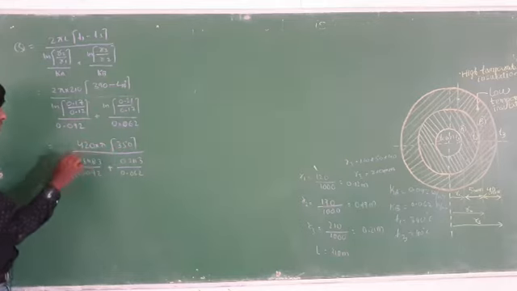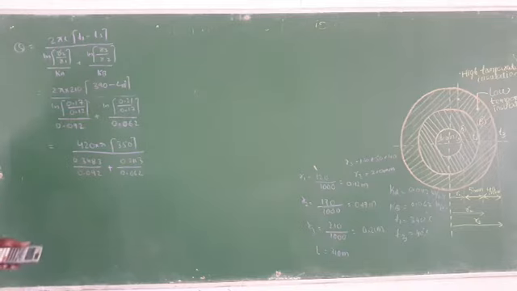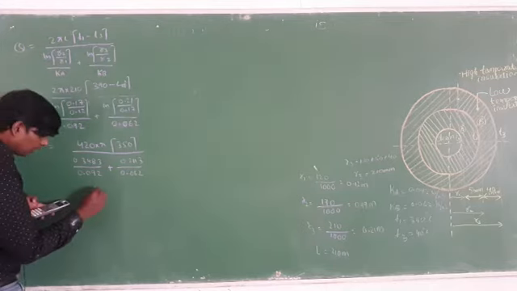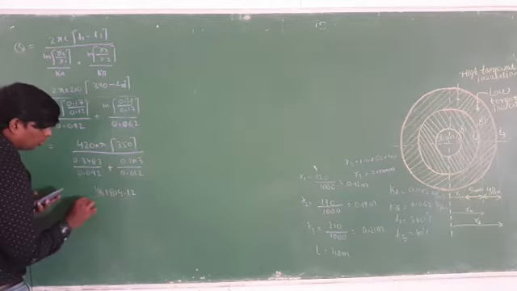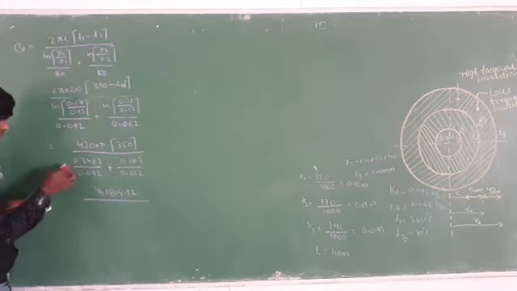What is the first bit? 420 into pi into 350. So here you got some answer. I will write this one, 461,814.12, by, then try to solve this fraction.